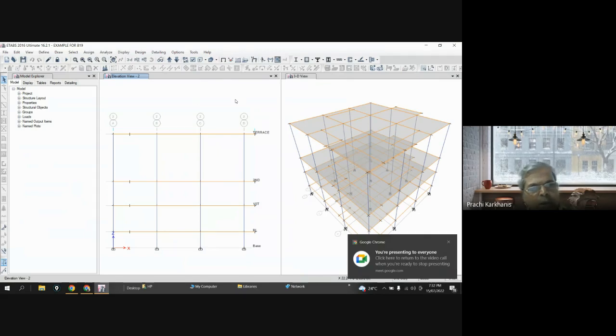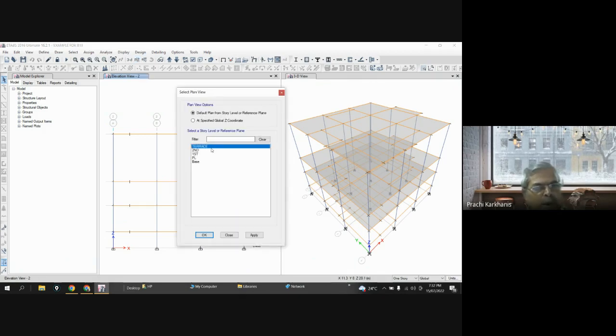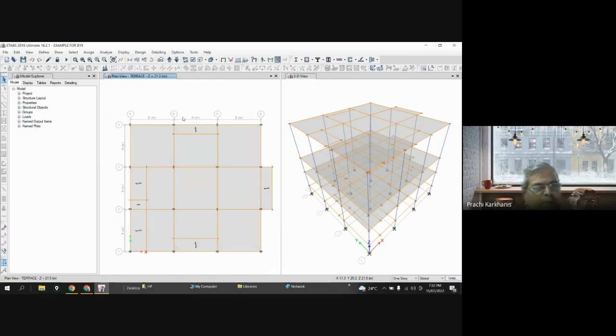If you want to apply the loading of the water tank, there are two ways. Let us go to plan and terrace. I'm opening the terrace floor plan, and here you have to find out the plan dimension of your water tank. Mostly it is above the staircase.